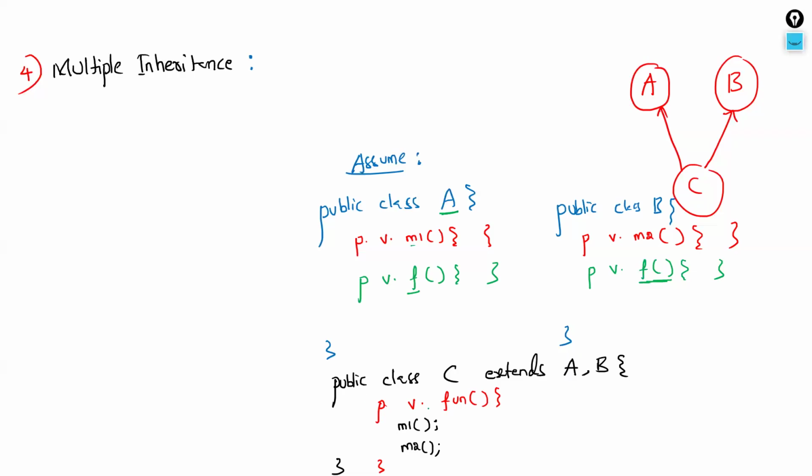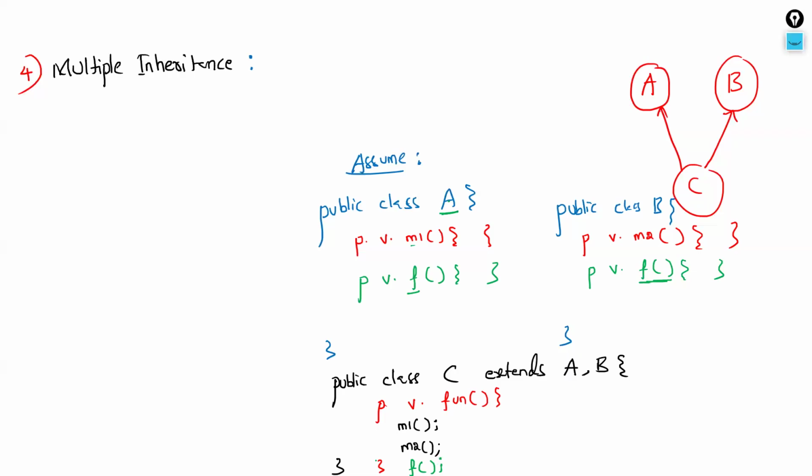Now, since A and B are both parents, from class C can we access f? Yes or no? Just like how m1 and m2 are possible, f also has to be possible. Then will this f be the A class method or the B class method?